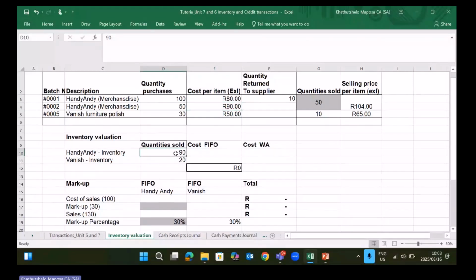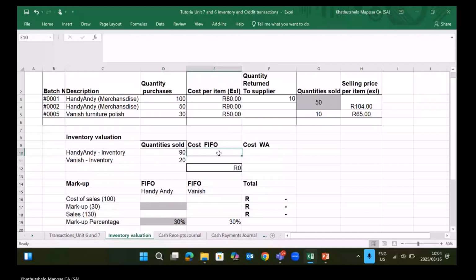Let's start with FIFO, first in, first out. Patu, you told us how many are left. I believe you are able to multiply by the cost. I haven't reached that stage of calculating, but I'm going to use my general knowledge.